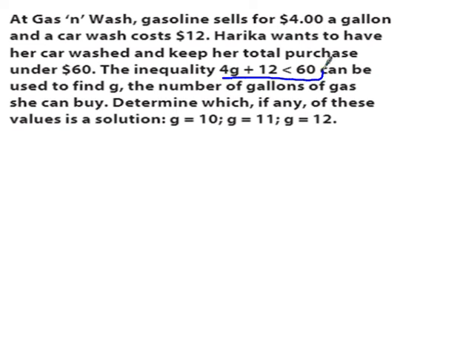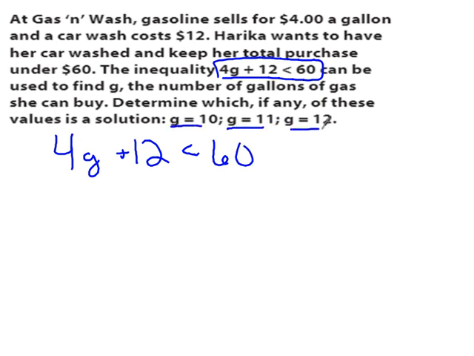We're going to solve this, and then we're going to determine if 10, 11, and 12 are all solutions for this particular inequality. This is how many gallons of gas she can afford to buy and get a car wash. So I want to figure out if any of these values are actual solutions for this inequality. So we're going to solve and figure out what our possible solutions are.